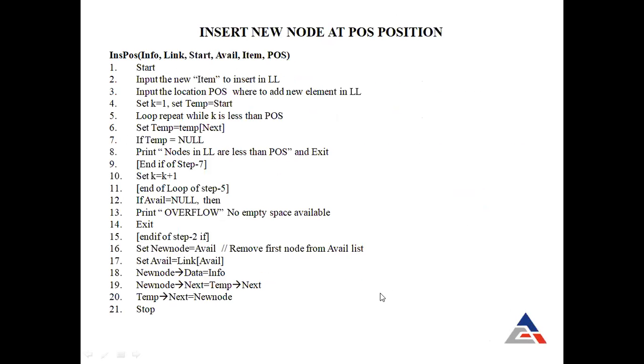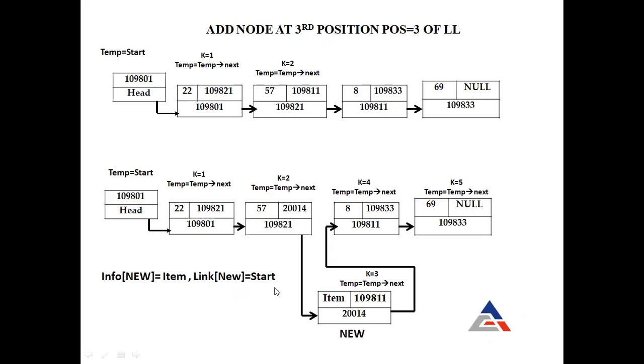You can see over here new node next is equal to temp of next, and temp of next was 109811. Now this becomes the address of this new node. So item is whatever item you entered over here. So this is how we can add the new element at the third location in the linked list.